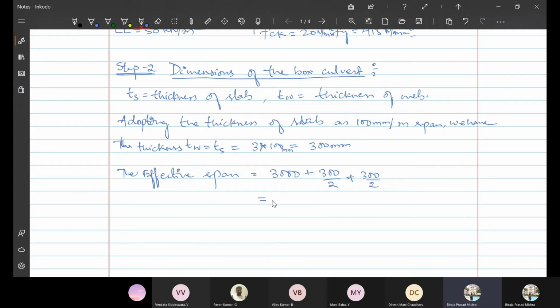That becomes 3300 mm, right? Okay. Now, the third step, step 3. In the third step, we can do the load calculation.